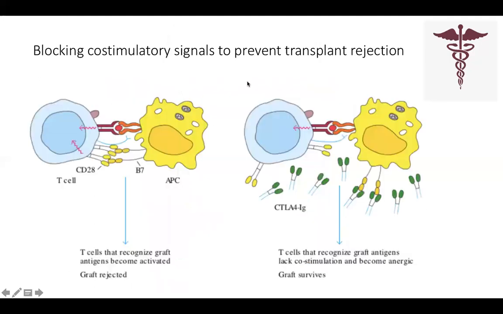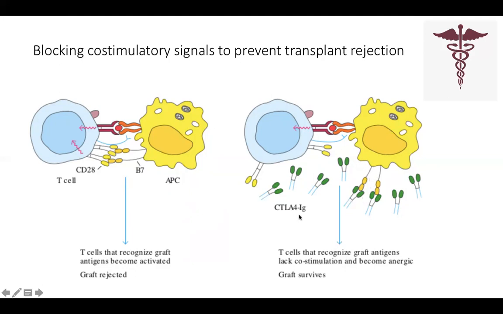Another application will be in case of graft rejection, to prevent transplant rejection. तो यहाँ उल्टा होगा. In transplant rejection you want tolerance to increase. So here what you are going to do, normally the graft antigen is processed and presented, the T cell gets activated, kills the graft, and the graft is rejected. But here you are trying to engage the B7.